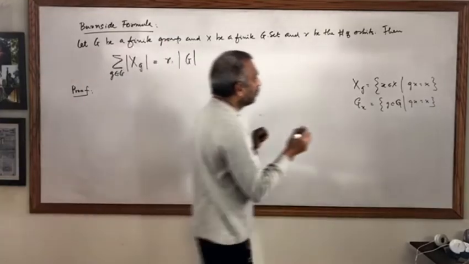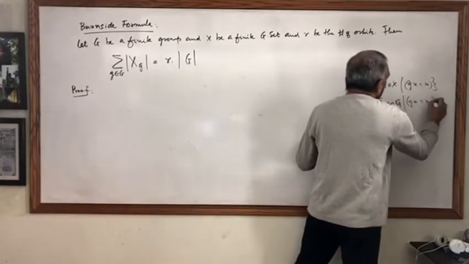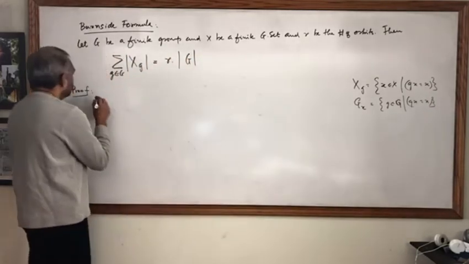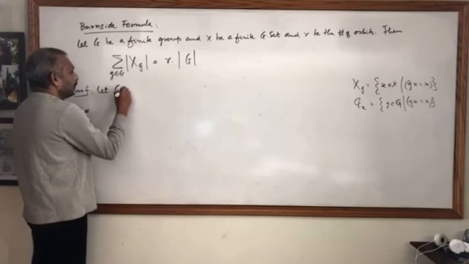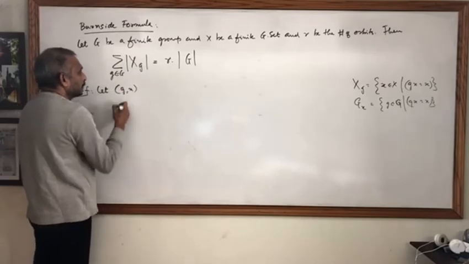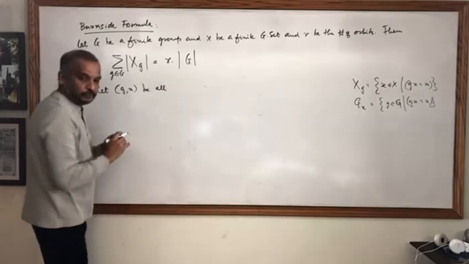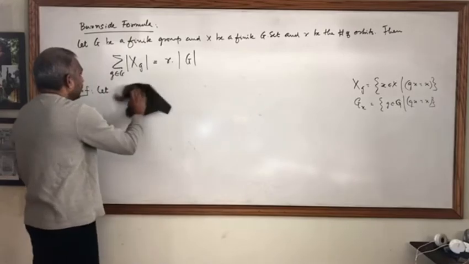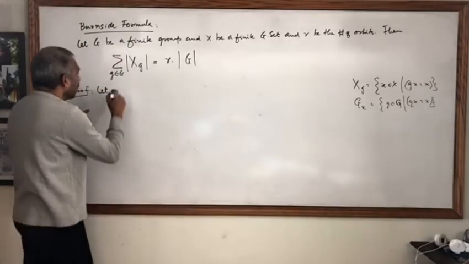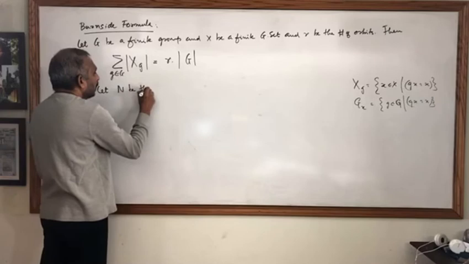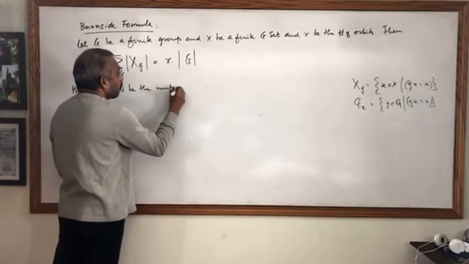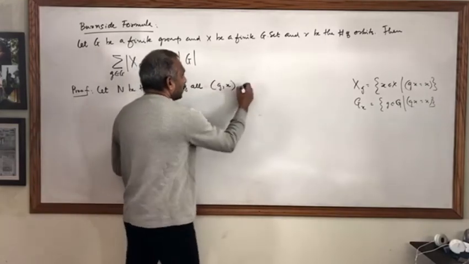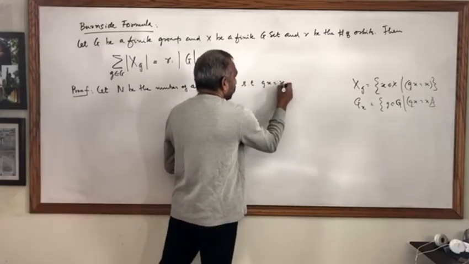So for that, we are going to consider this relation. So let N be the number of all pairs (g, x) such that gx equal to x.